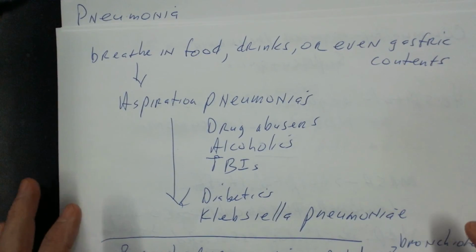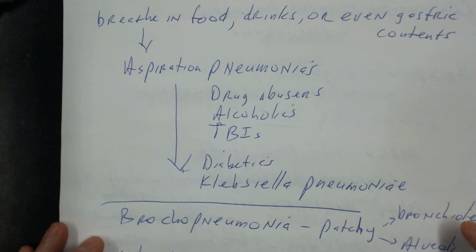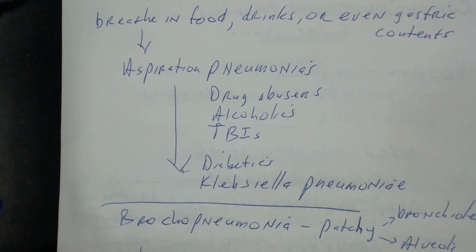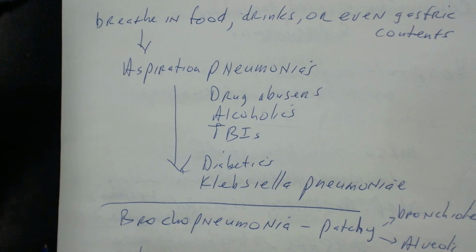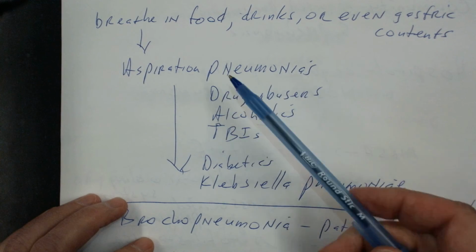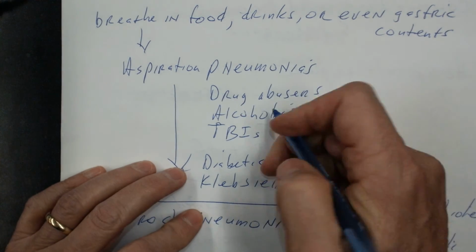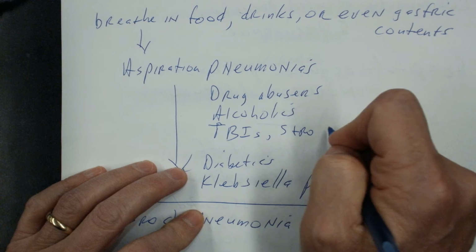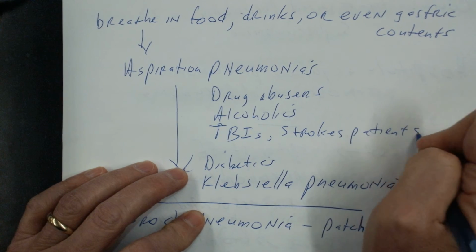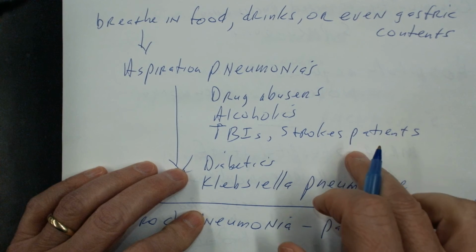If you have patients who have either traumatic brain injuries of some sort, or if they're alcoholics or drug abusers, or we could add to this stroke patients, who have trouble swallowing.